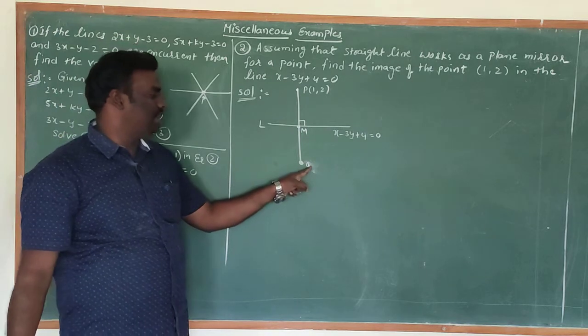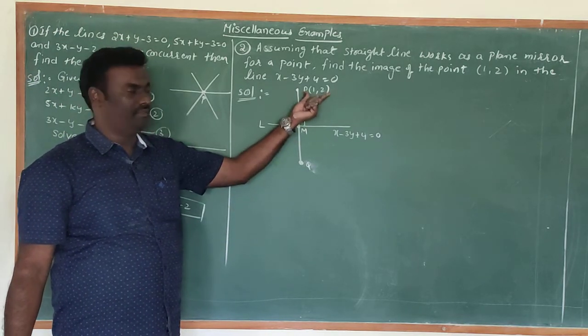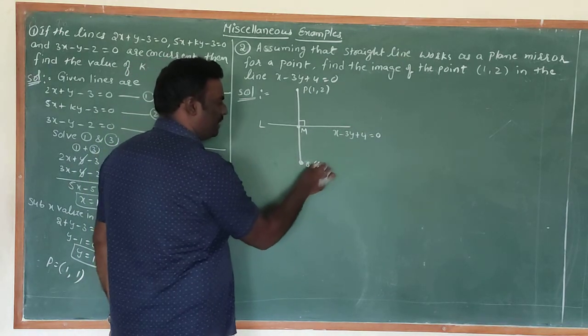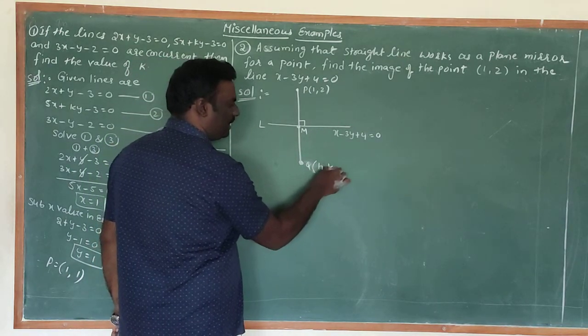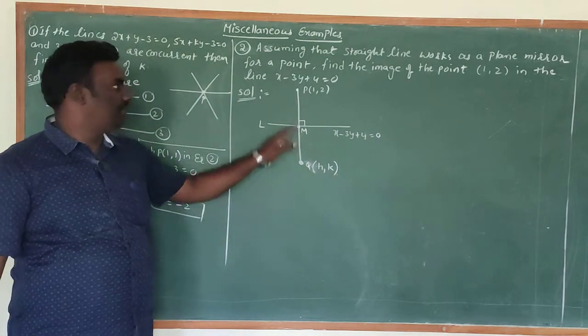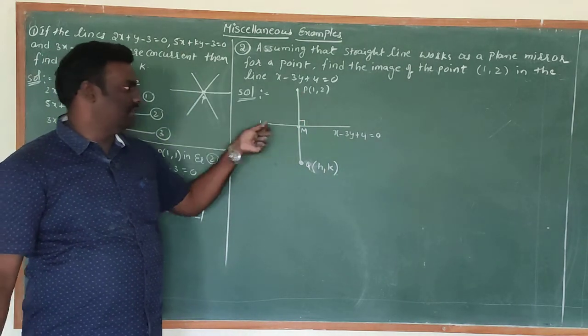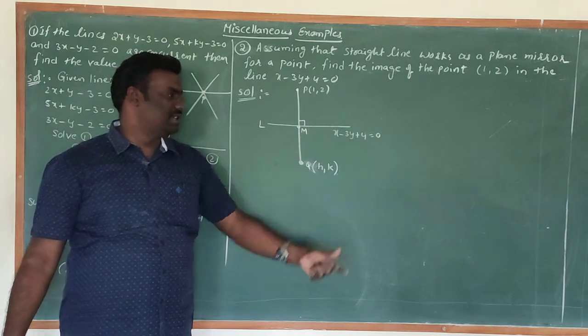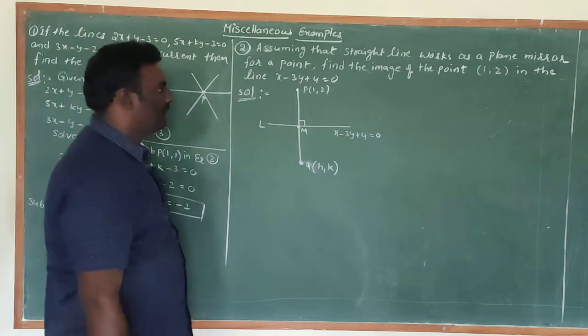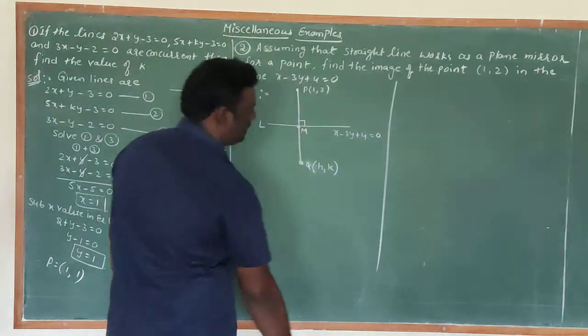Now here Q is the image of P with respect to the line L. We don't know Q, that's why I am taking Q as h comma k. This is the image of the point P with respect to the line x minus 3y plus 4 equals to 0. Okay. Now let us see how to find the image.